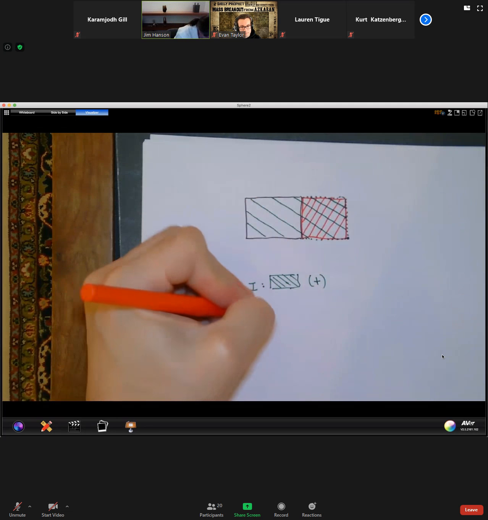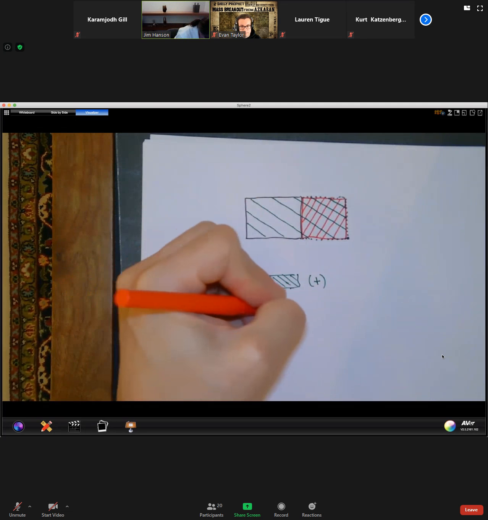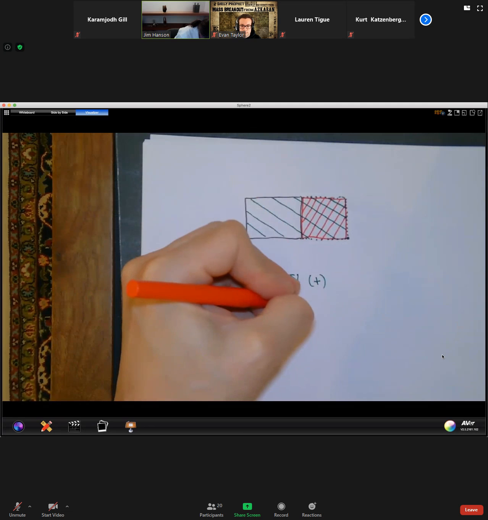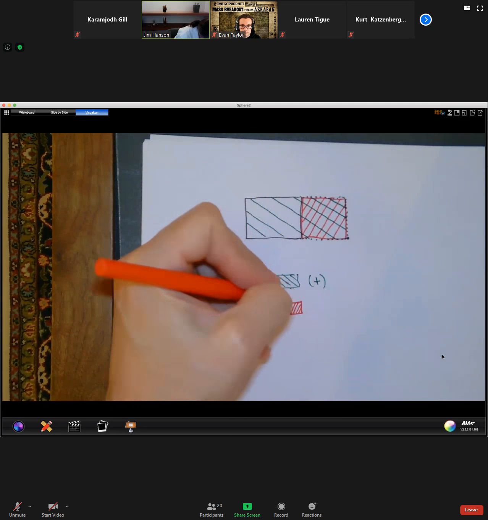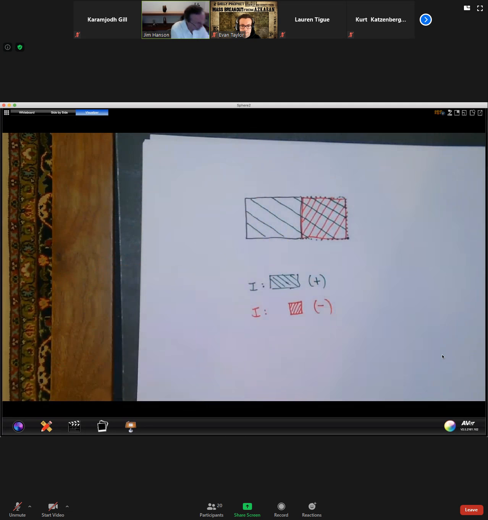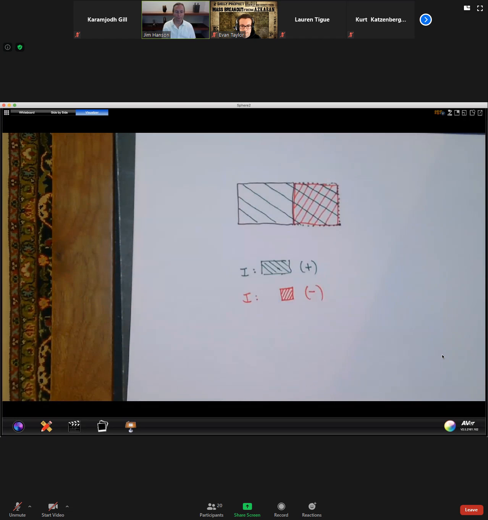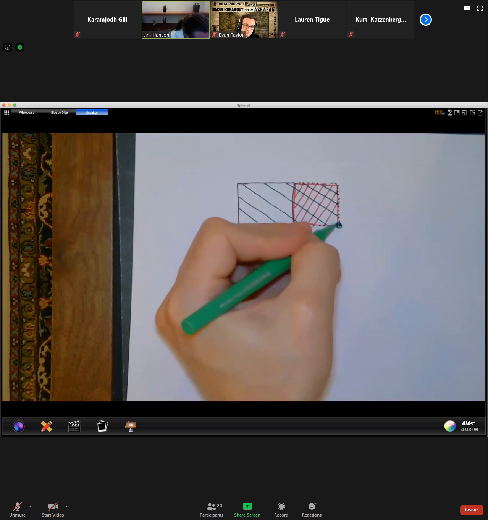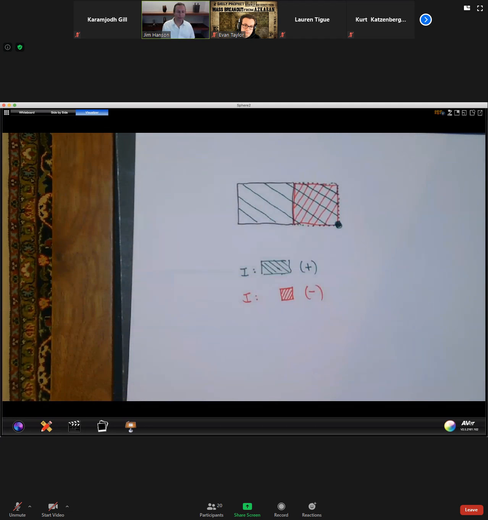And for I, you would take that and call it negative. And each time, we would be interested in what's going on at that point.